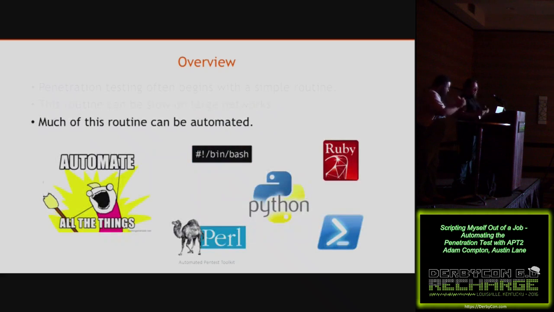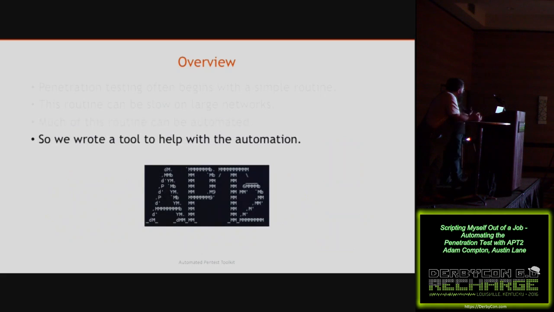Linux and a lot of other tools have great options, like Bash, Python, Perl, Ruby, to run some of these automatically, but each time you're running your own things, coming up with a quick bash script to do the same task over and over and then dumping all of that into a file to review. So we wrote a tool to help with the automation. This is APT2.